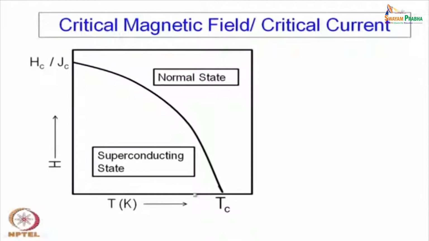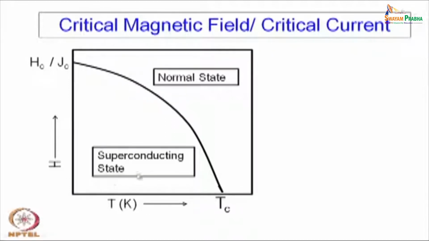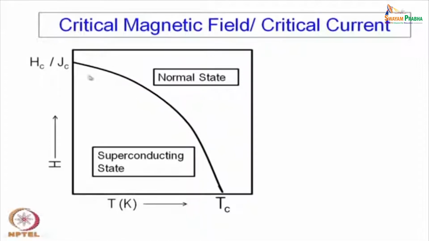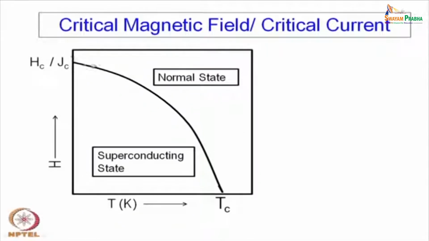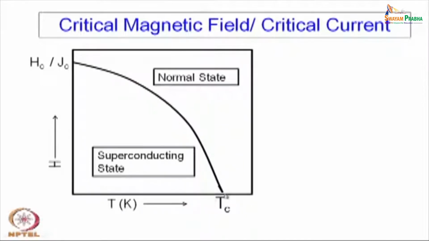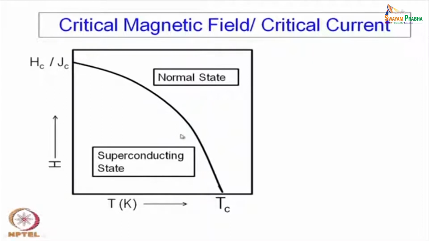Whereas, if you go down in temperature, the critical magnetic field increases and finally reaches the highest value at T equal to 0. This is the magnetic field below which it is a superconducting state.